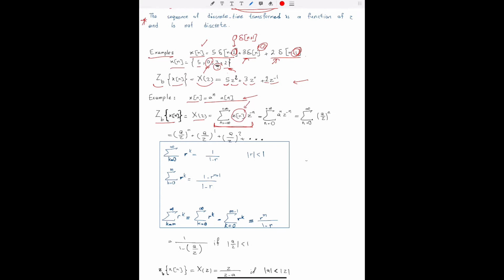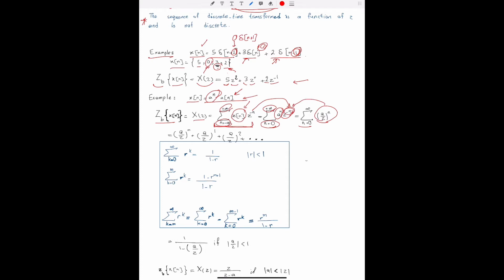By doing that, n was from minus infinity to plus infinity, but because we have u of n here, n becomes from 0 to plus infinity of a to the power of n z to the power of minus n. Okay? And so this equals the sum from n equals 0 to infinity of a divided by z, to the power of n, because this is minus n, right? So a divided by z to the power of n.